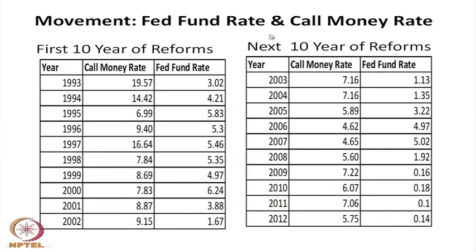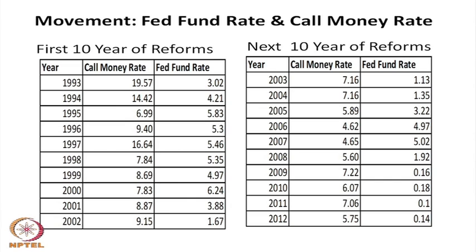If you see the movement of the Fed fund rate and the call money rate, they are also moving in the same manner. I have compared the reform measure phase, 93 to 2002, and the consolidation phase, 2003 to 2012, and we can see that both are moving in tandem.